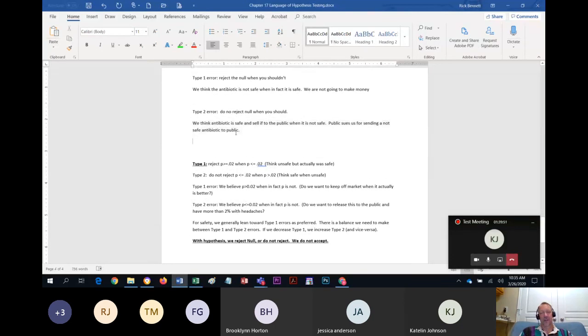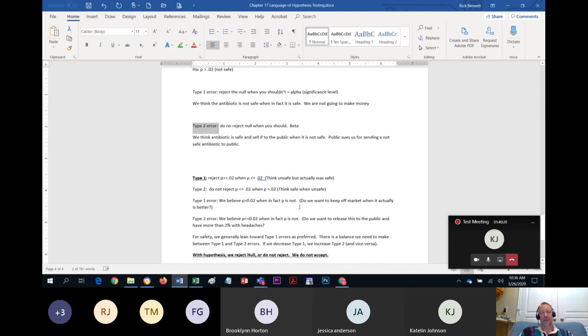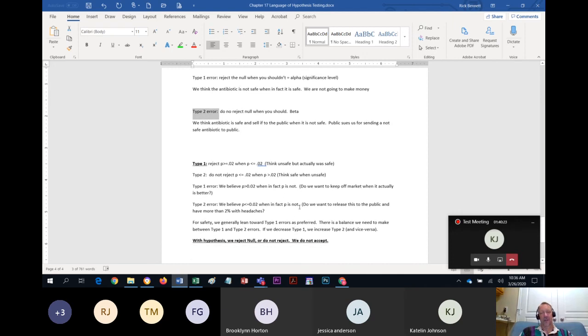So typically, type 1 error, this is what we refer to as alpha. And that's what we've up to now referred to as our significance level. Type 2 error is what's known as beta. Most people, if you're going to make a mistake, would rather make a type 1 error than a type 2 error, because most people don't want to get sued.